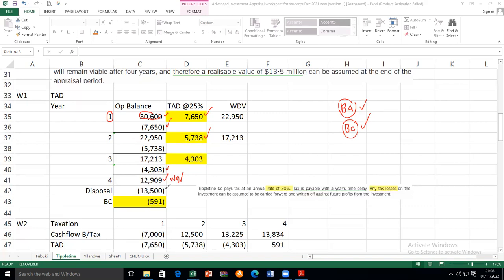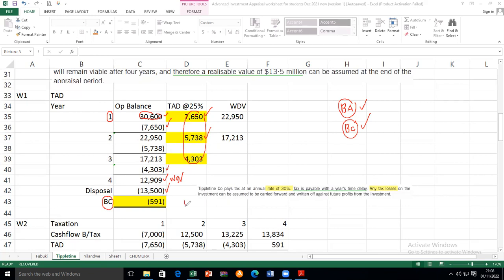So let's go. You've got a disposal value of 13.5. So we have an asset whose written down value after knocking off these allowances that you have received, what has not been claimed is 12,909, but you sold it for 13.5. So the story changes. You have a balancing charge. Now, this was after a long time.